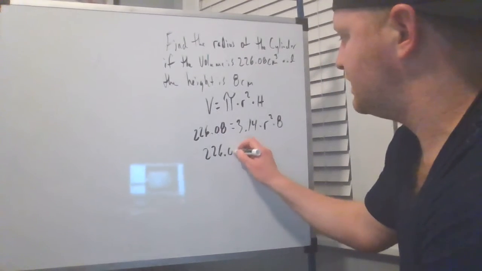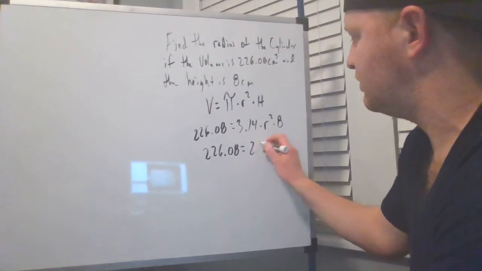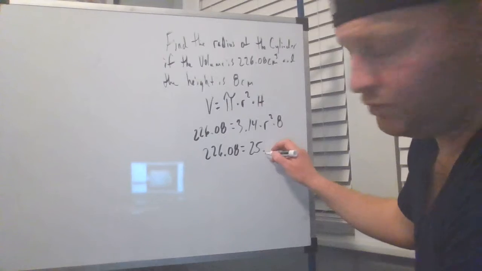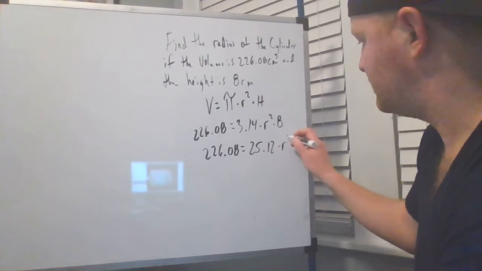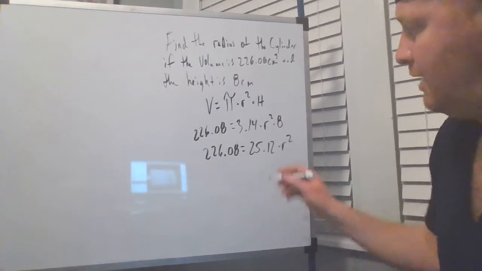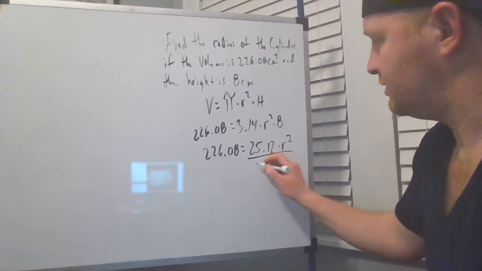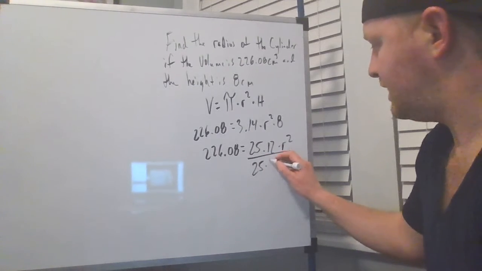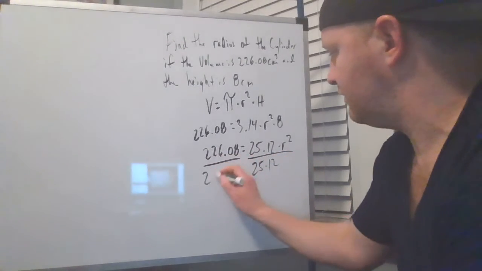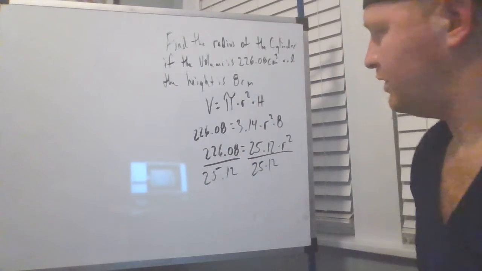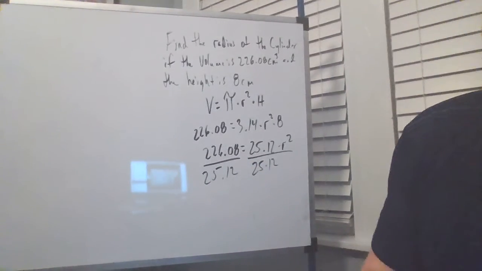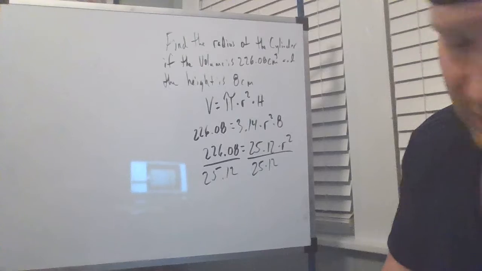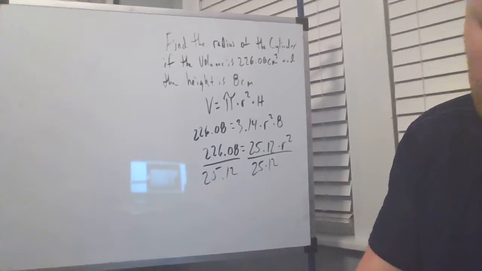So 226.08 equals 25.12 times radius squared. Now, let's do the inverse operation. Divide both sides by 25.12.